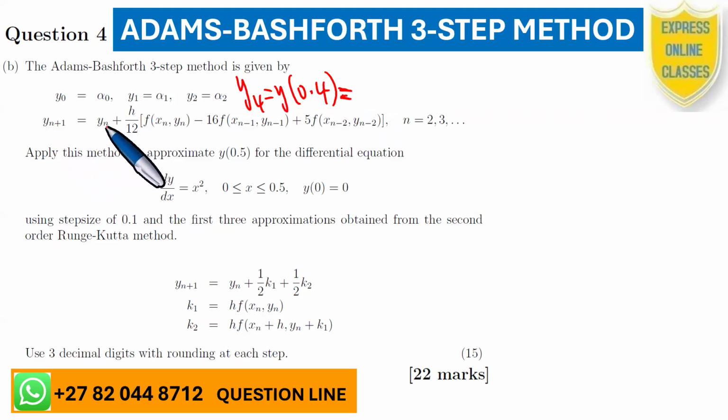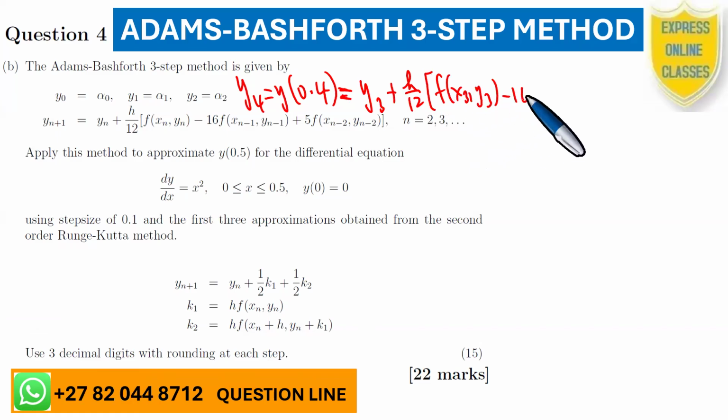So y4 is y3 plus h out of 12, times f(x3, y3) minus 16 f(x2, y2) plus 5 f(x1, y1).